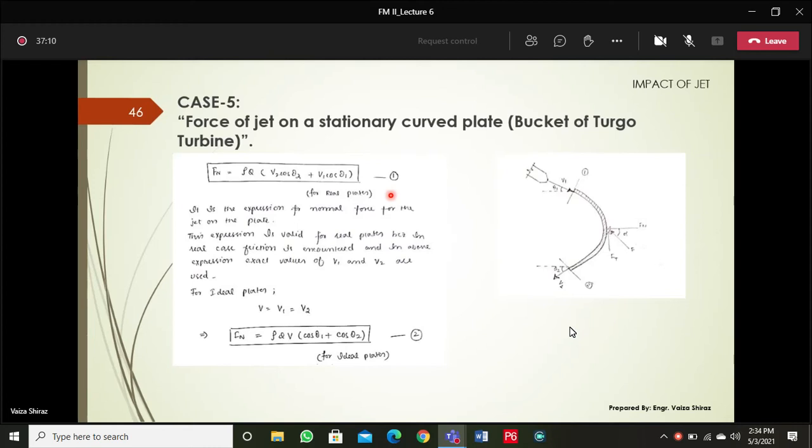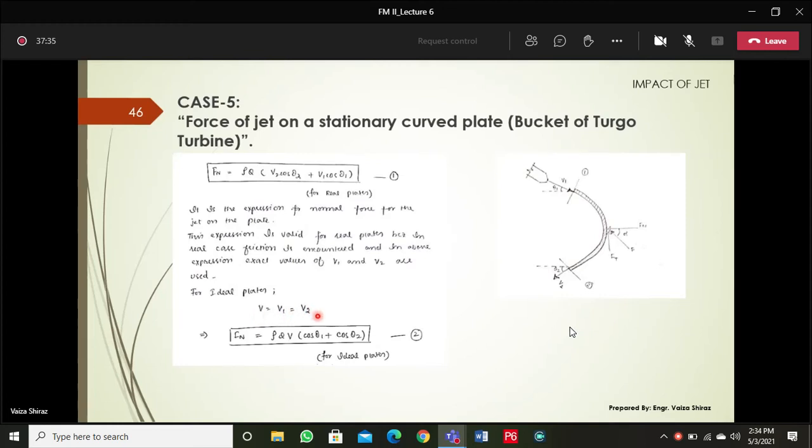But if, say, in the numerical problem or in any particular case, you are not given the condition of what the frictional losses are, you are not given any idea of how much velocity is reduced, then in that case you can go with the ideal case. It means that you can consider your inlet velocity v1 और आप इसी को v2 के equal ले सकते हैं.